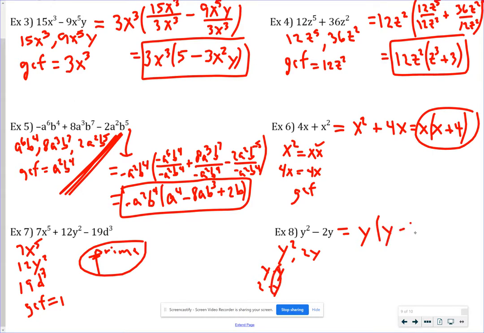A y and a minus 2. Okay? A y and a minus 2. Is that our answer? You bet it is. That is our answer. Common factor is y. Pull out the common factor. Look at what you have left. We have a y and a minus 2.